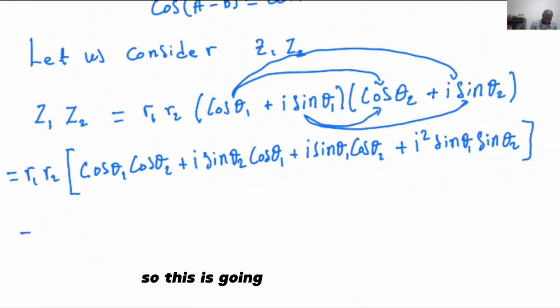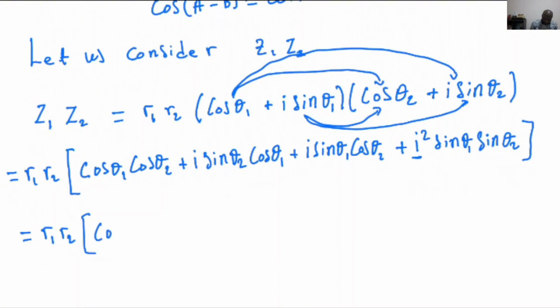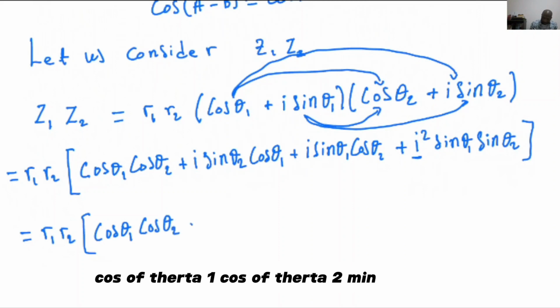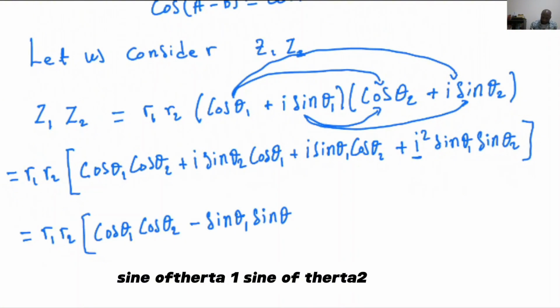Now we are going to group like terms. So this is going to give us r1 times r2, all of these into, bringing like terms together, we know that i squared is -1. So this is going to be cos of theta 1 cos of theta 2 minus sine of theta 1 sine of theta 2.